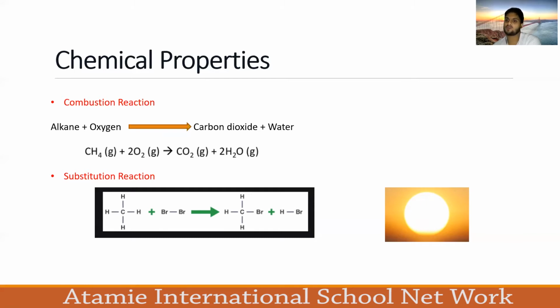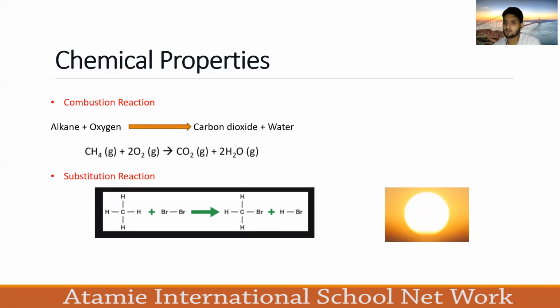Okay, so when we say combustion, if you remember from your previous lessons, combustion is when you burn something in oxygen to produce simply carbon dioxide and water. Same thing we do here for alkanes. We are burning any alkane, it could be ethane, methane, propane, anything, with oxygen to produce carbon dioxide and water.